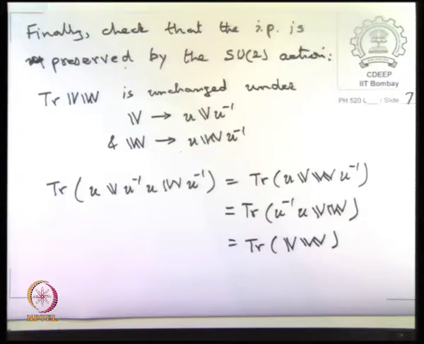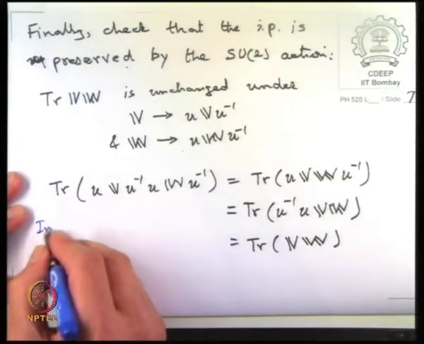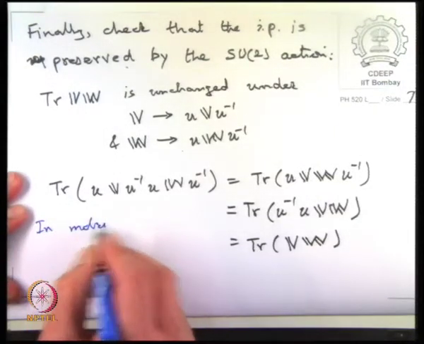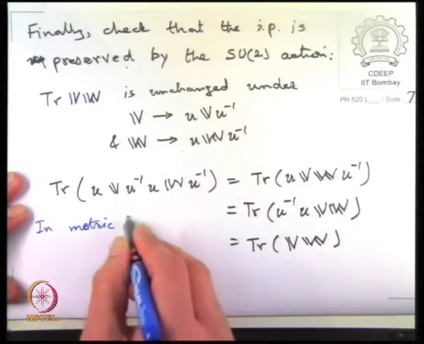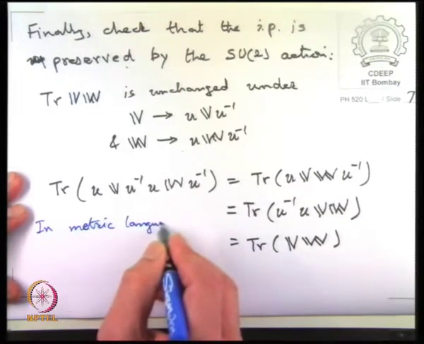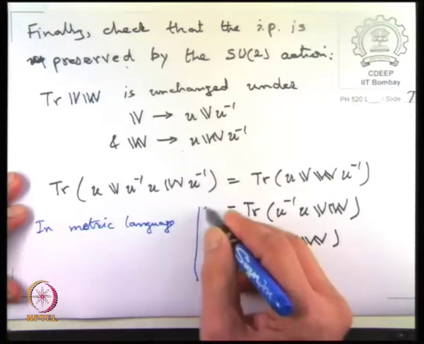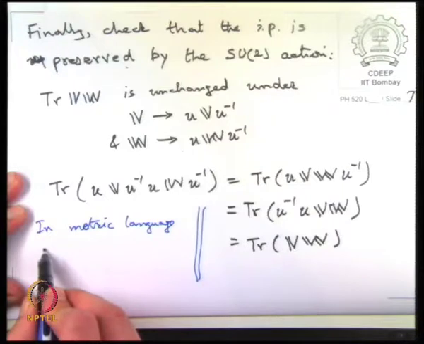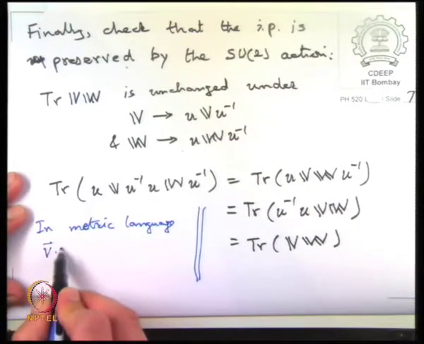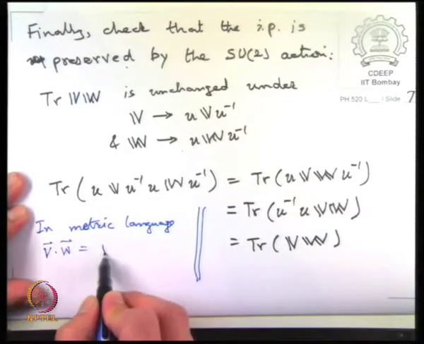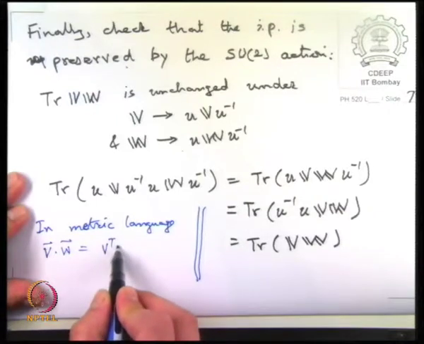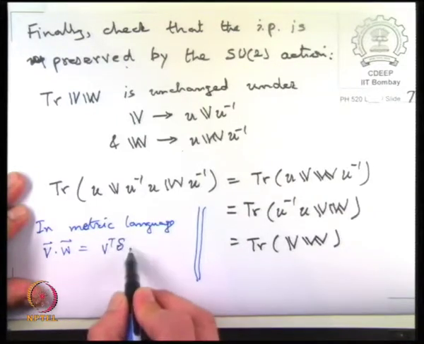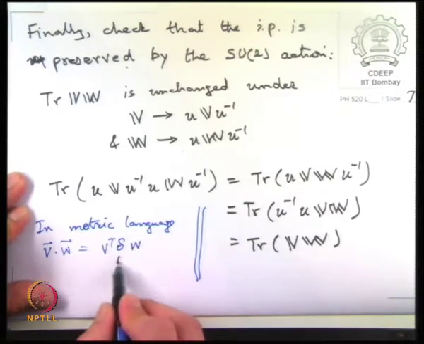You know, in metric language, this V dot W was actually V transpose the delta metric, the Pythagorean metric.